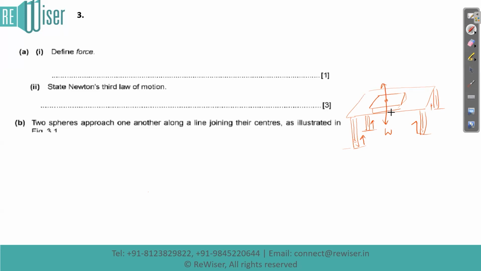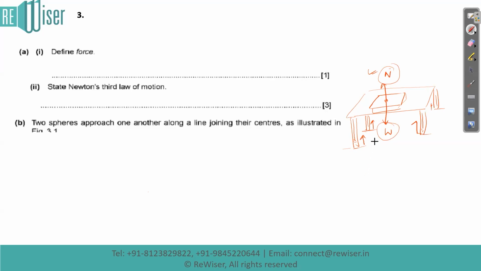So here the weight is the action and this is the normal force, as it is called, which is exactly opposite to the weight applied here. It is equal and opposite. This normal force is the reaction force, which is equal and opposite to the action force W, its weight.